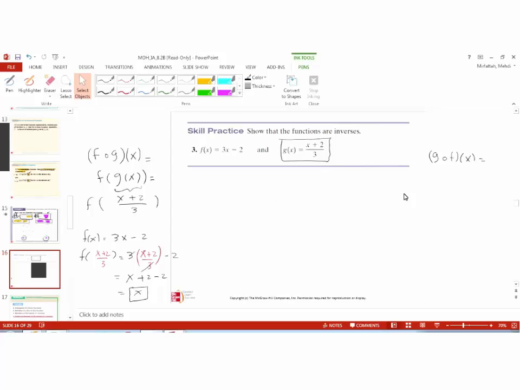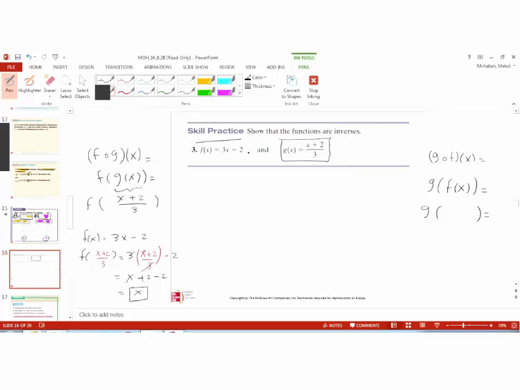How do you find g of f of x, now, the same way? So we flip the things around. So it's g compose f of x equal to g, function of g is the function of f of x. Good.